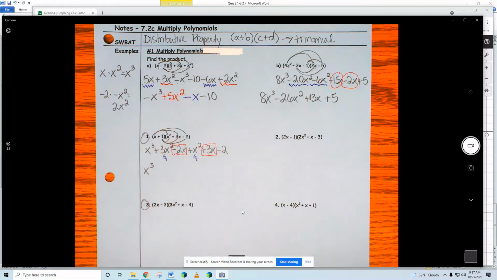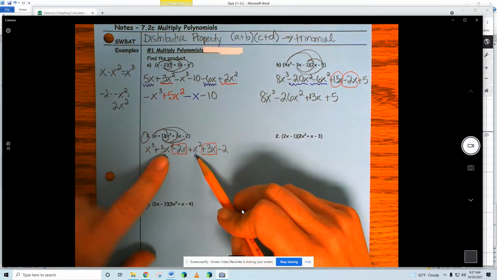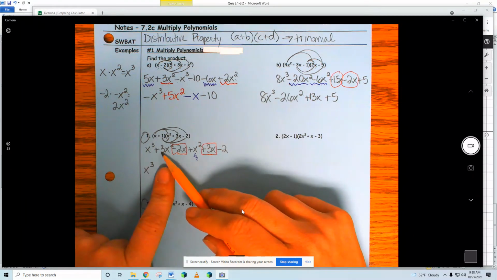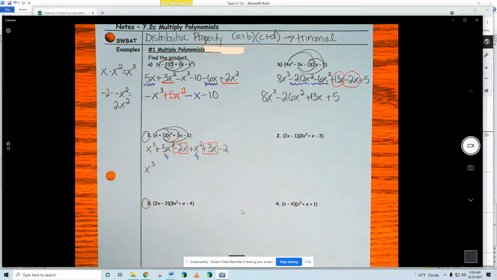Now purple. 3x squared plus another x squared. 3 of something plus 1 of something. 4 of it, right?